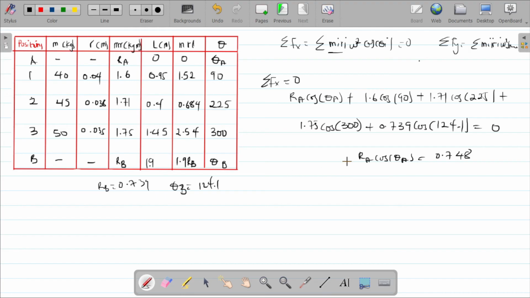All right, now equation one, the sum of forces in the y, is equal to 0.